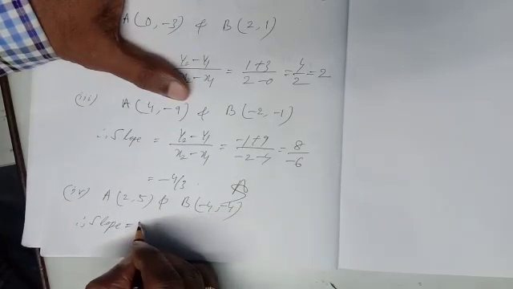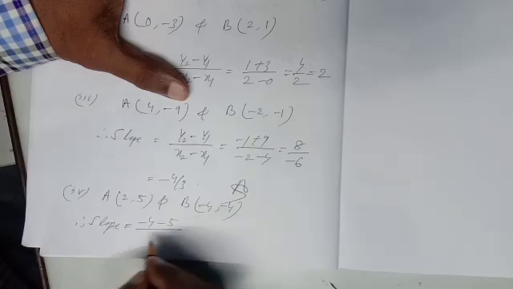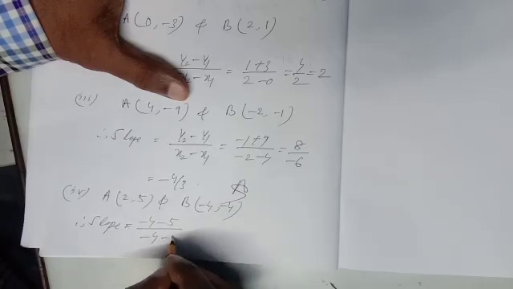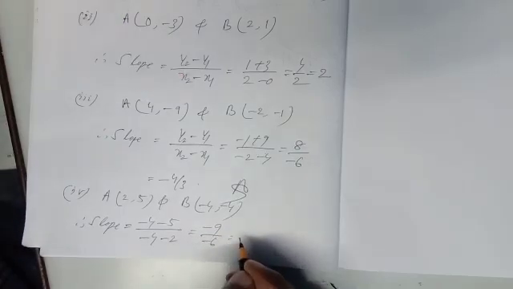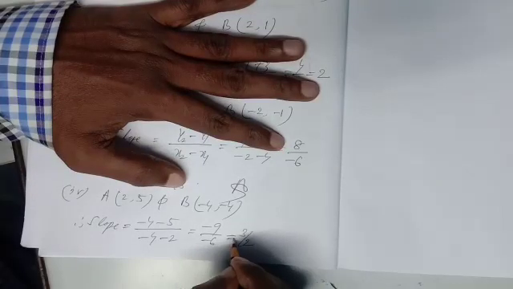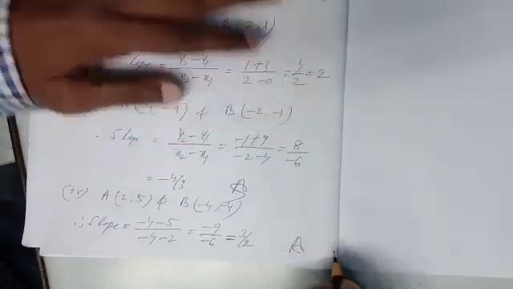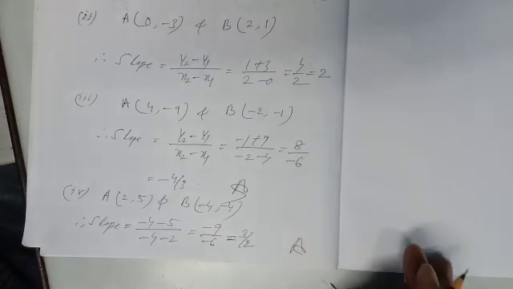Here y2 is -4, minus 5, by x2 minus x1, that is -4 minus 2. So -9 by -6, which will be 3 by 2. The answer is slope equal to 3 by 2. In this way I have completed number 3. Let us see the next question.